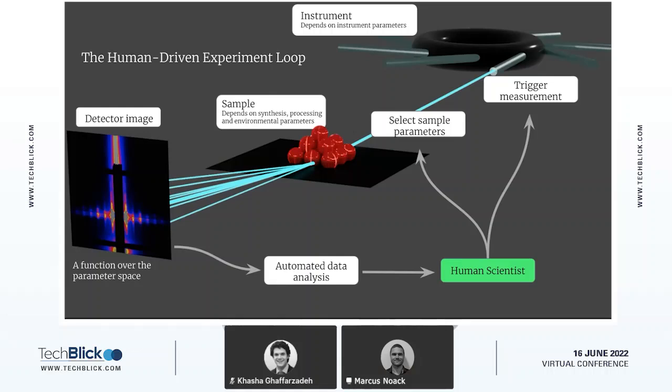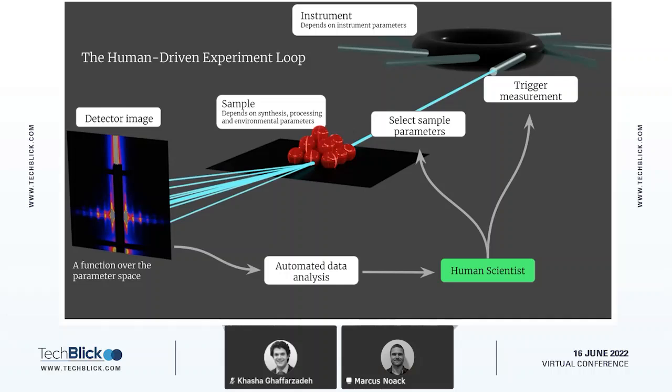But as I came into this field, about 5 years ago, often a human scientist would use intuition to figure out what to do next, looking at some data and then basically asking, how do I navigate through this parameter space? Because the scientific result is really having a model across environmental, synthesis, and instrument parameters.